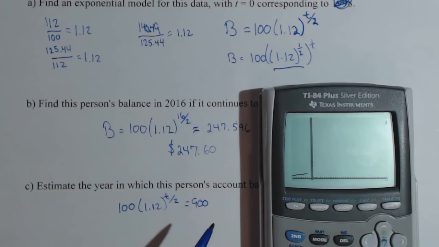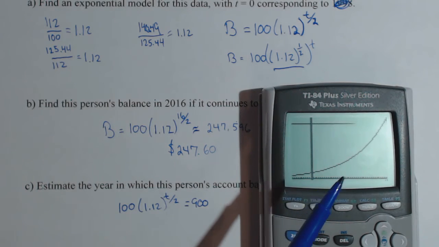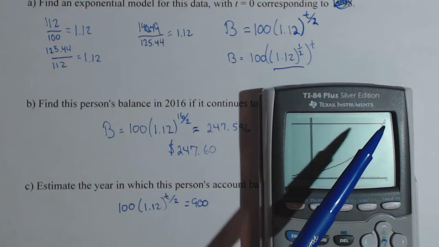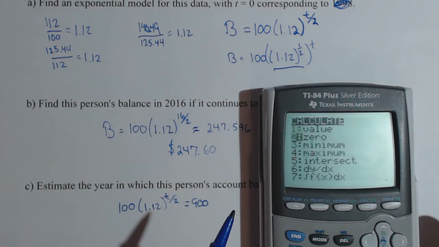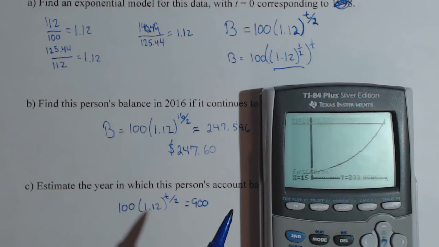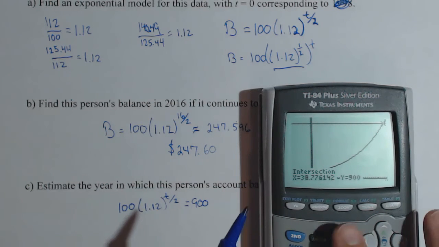So we'll graph. Here comes our exponential function first. Again, we're looking for where they intersect, and we may have to adjust our window a little bit. Looks like we're going to see our intersection, so there's our answer right there. So we do second, calculate, intersect, enter, enter, enter, and there's our intersection.